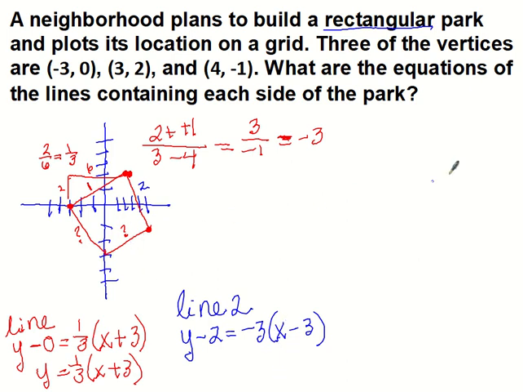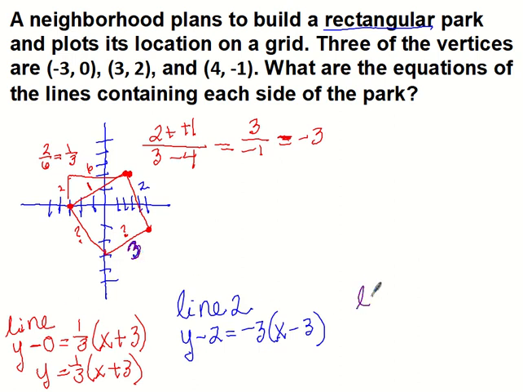Now, our question marks are lines 3 and 4, but what's really cool is that line 3 actually has the same slope as line 1 because they're parallel. It's a rectangle. So I can just use the slope from line 1.